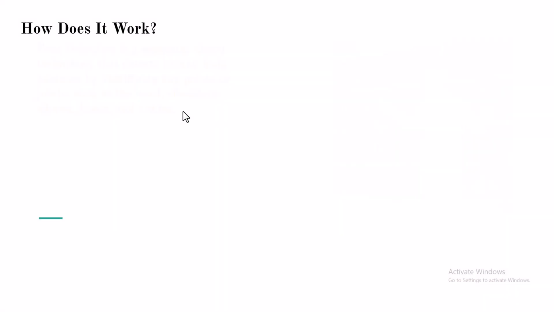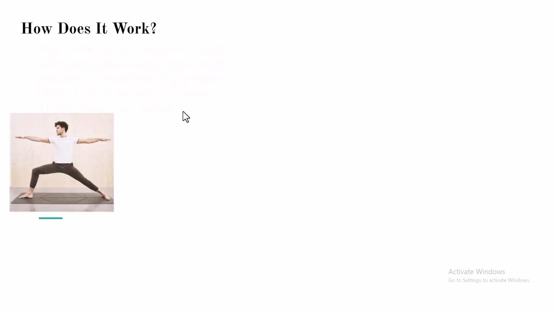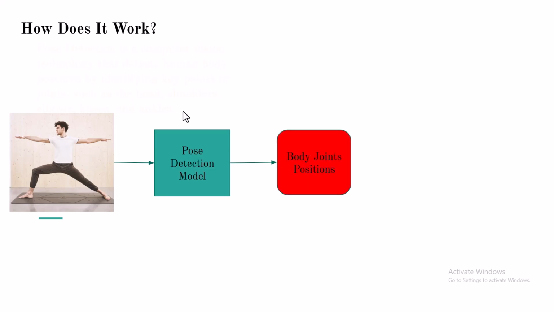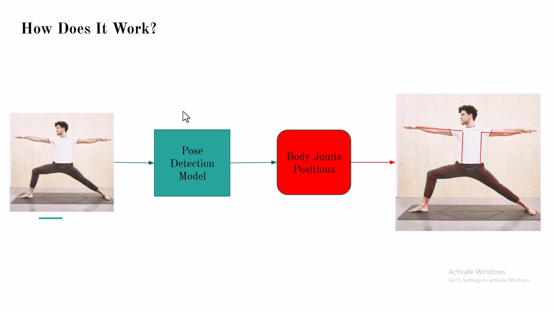So now let's understand pose detection with the help of an example. Suppose we got this image and we want to know the yoga pose the person is doing in that image. So to detect that pose, we can pass this image to a pose detection model. Now this model is going to detect body joint positions, and then we can draw the lines or points on the original image.